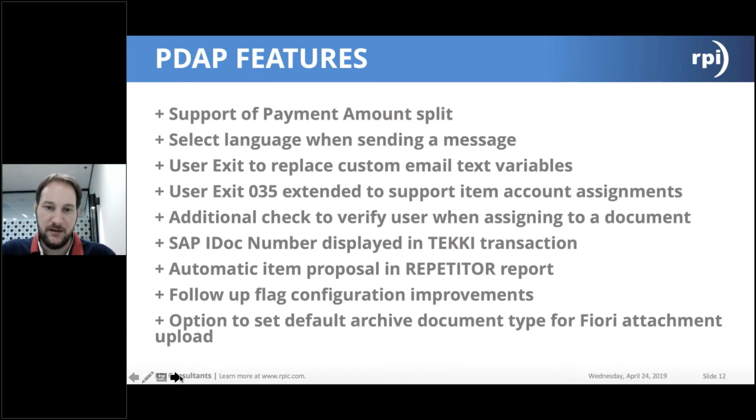If it's matched, the item proposal will be successful and the document will be posted. As I said, in the previous version the Repetitor didn't have the possibility to do the item proposal, but was able just to do line item matching if the PO lines were also present in the document.